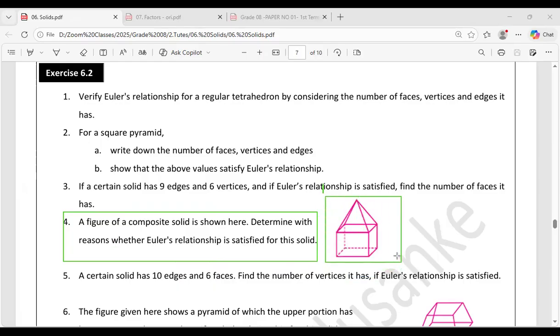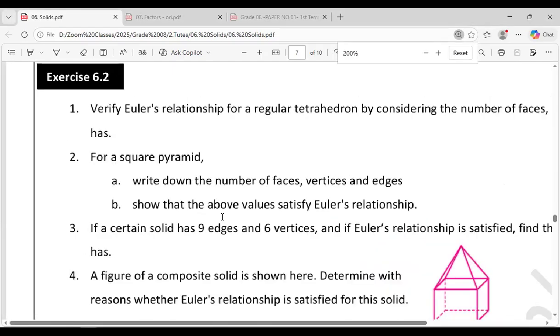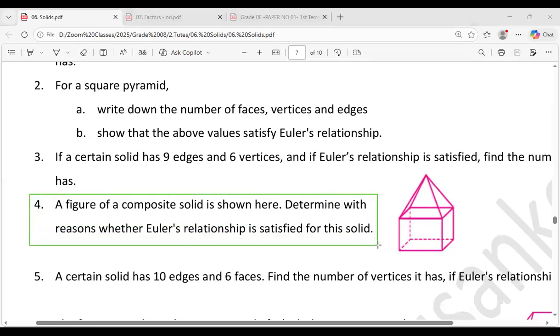Related to this, I will zoom this so that you can see it clearly. This is the question. This is the related solid.